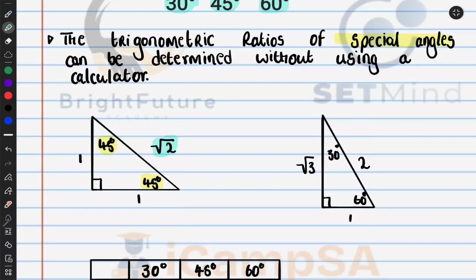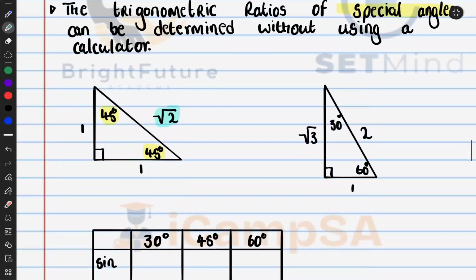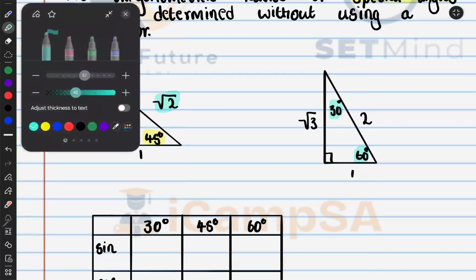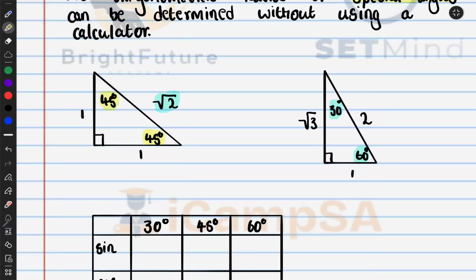Next we have another special triangle, and this one has the angles 30 degrees and 60 degrees. The sides are 1, root 3 and 2. Those are the sides of the second special triangle.